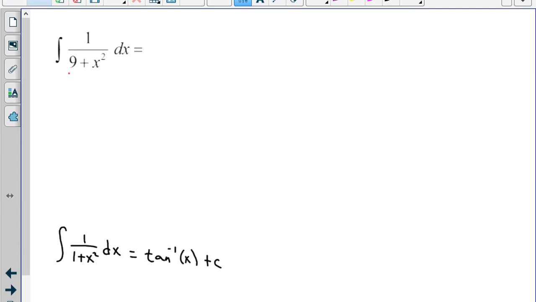So I'm going to want to somehow convert this 9 into a 1. And the way that I convert a 9 into a 1 is by multiplying the numerator and denominator by 1/9, or I can divide the top and bottom by 9. So this is why on the top of your sheet it says force the 1 in a box.